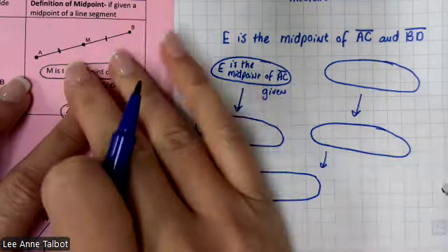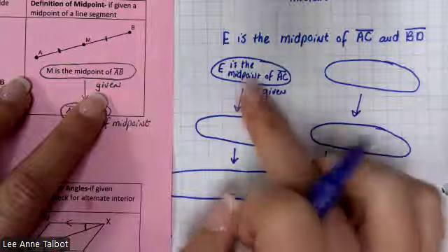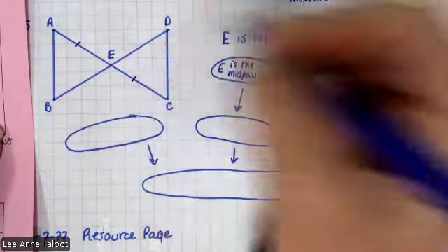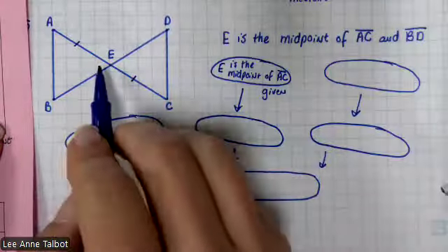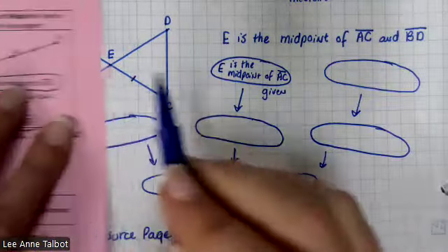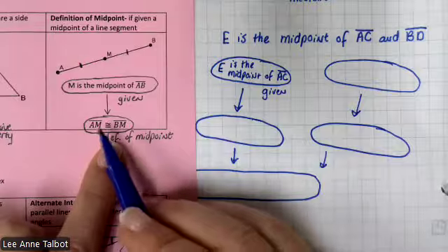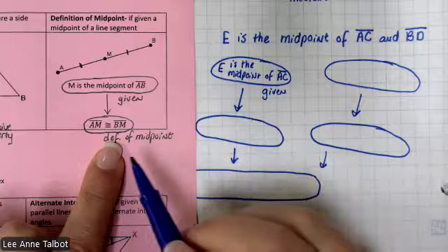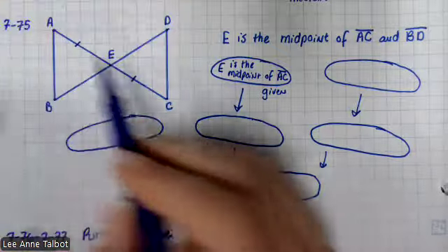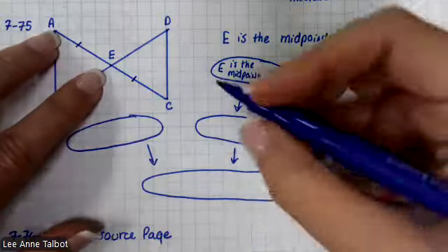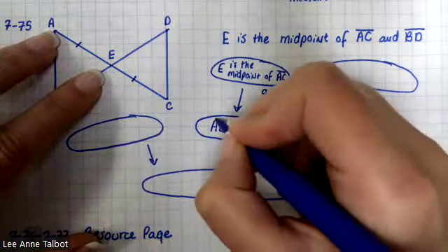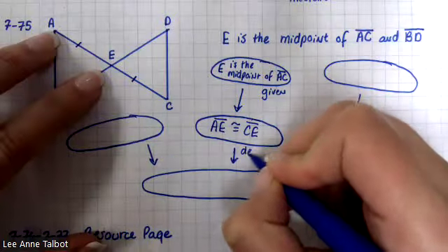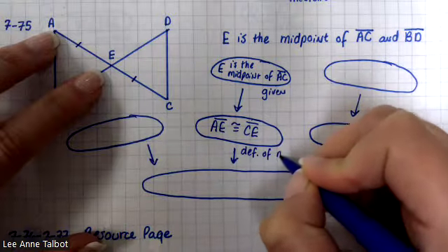Okay, now I'm going to go back and mark up the picture. If E is the midpoint of AC, that means that those pieces are equal because it's the middle. And now I'm going to copy this bubble. This said AM is congruent to BM by definition of midpoint. So I'm going to put AE is congruent to CE by definition of midpoint.